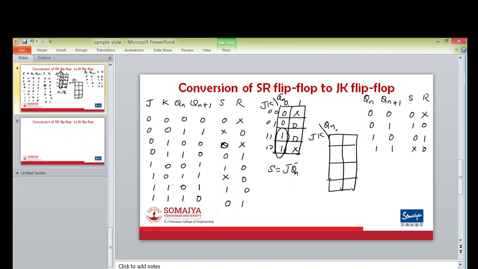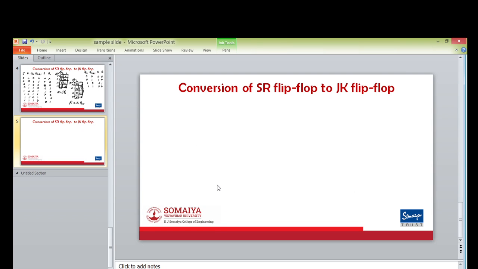So this is 0 1 0 0 0 1 1 1 1 0, cross 0 cross 1 0 0 0 1. I'll group these two and R will be equal to K Qn. So I got the conversion logic, and now I can draw the diagram.